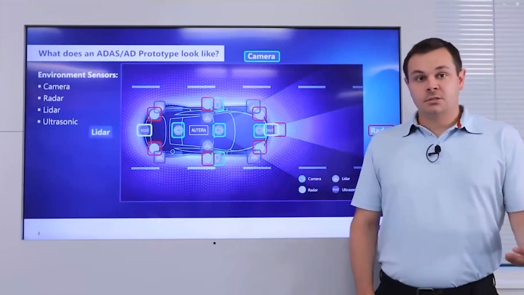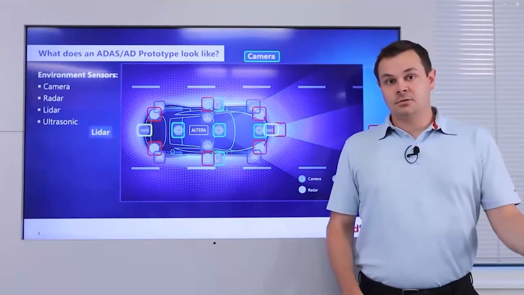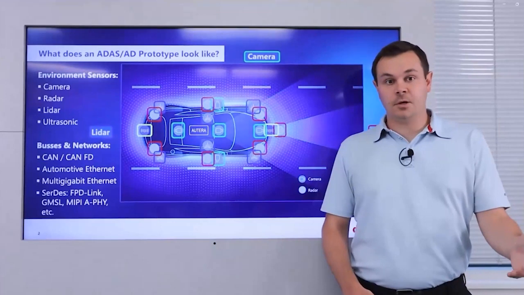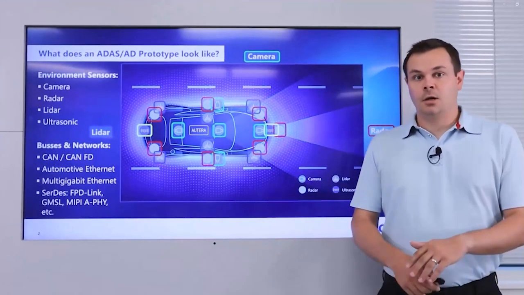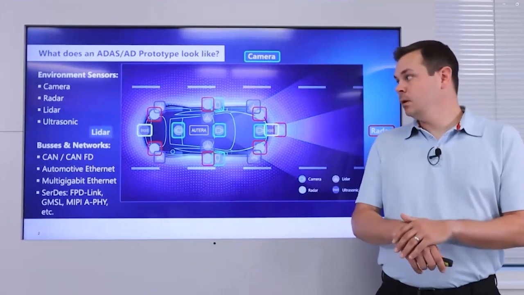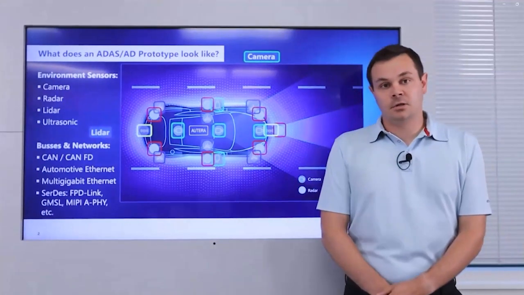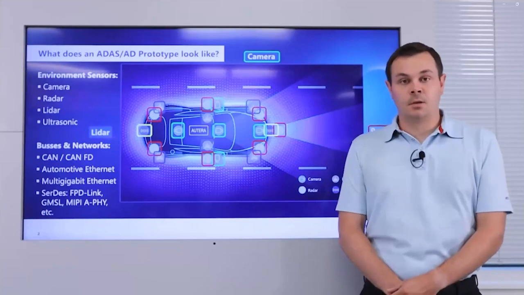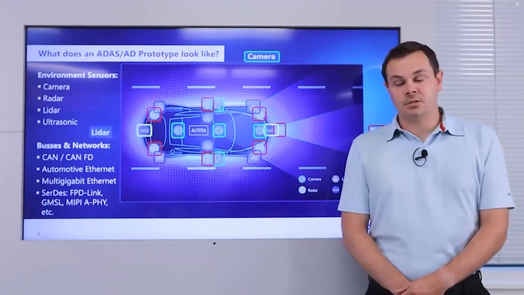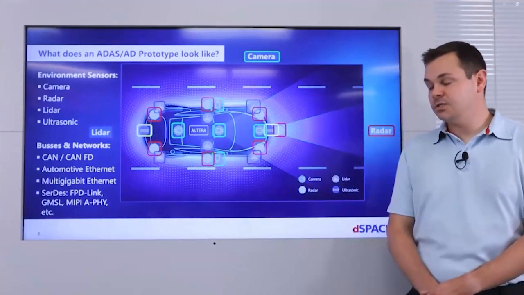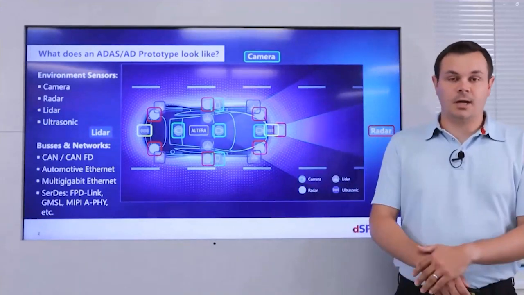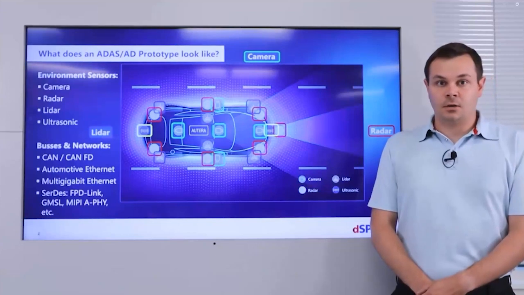What types of buses do each one of these sensor types use? Well, we might have a CAN or CAN FD bus, or maybe a few, maybe something like 8. These CAN FD buses are going to be what's used for your radars and sometimes cameras that output object detection lists. In addition, we'll have various Ethernet networks, which are becoming more and more common, both standard Ethernet and automotive Ethernet.